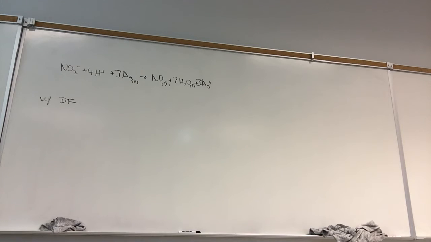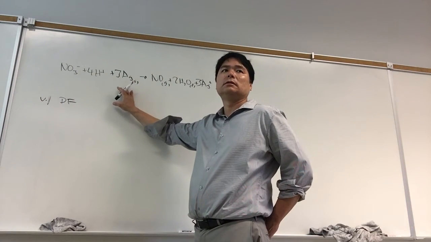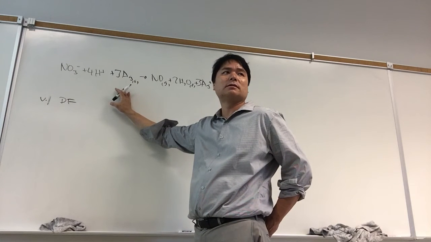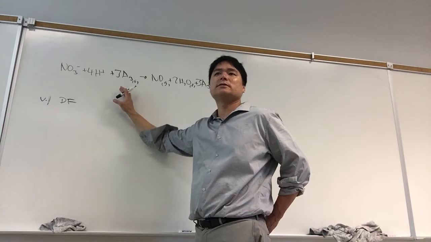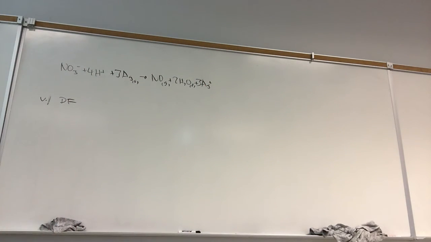Did we use the net? No, the net wasn't the easiest. What was the easiest place to determine it? Is it in your notes or not? The half reactions are the easiest place.